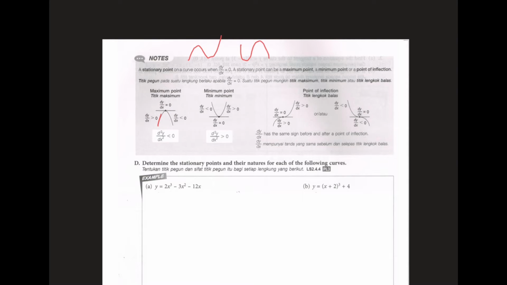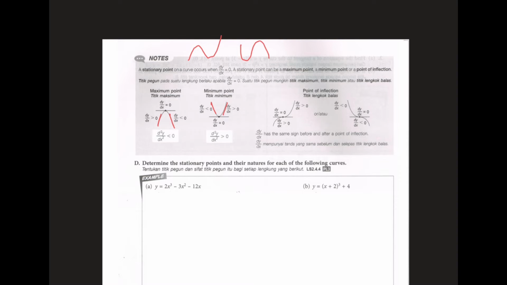And after that point, dy/dx is less than 0, because the gradient of the tangent is going down. But for a minimum point, dy/dx on the left is less than 0 because the tangent is going down. At the minimum point it is equal to 0 because it's horizontal. And on the right it is greater than 0 because it is going up.